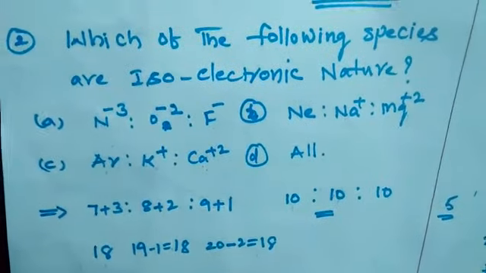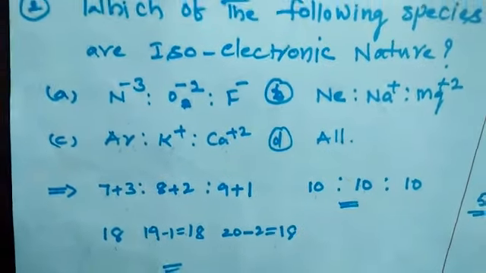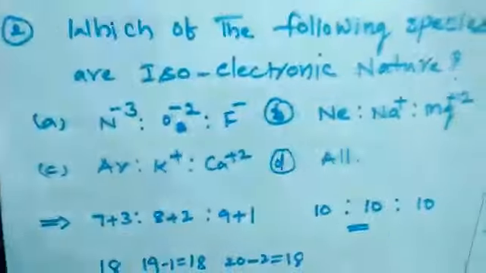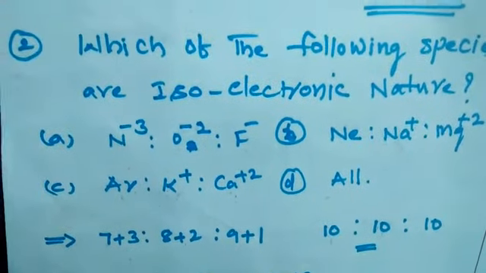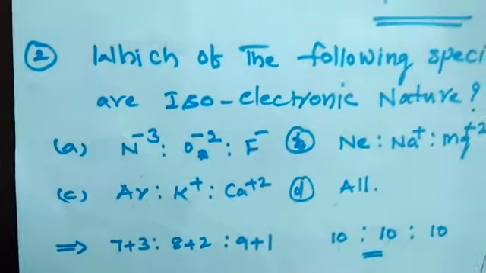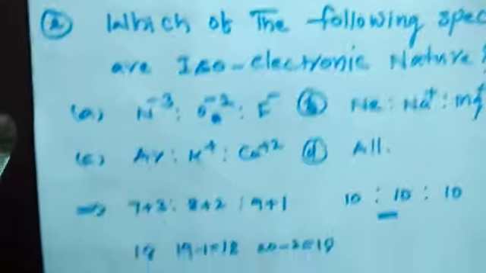It means in this problem, all the species have the same number of electrons. So that's why option D is right. So again you can define isoelectronic species: species which have the same number of electrons.